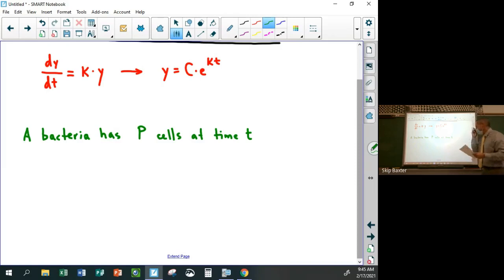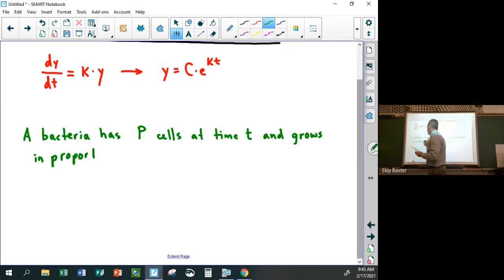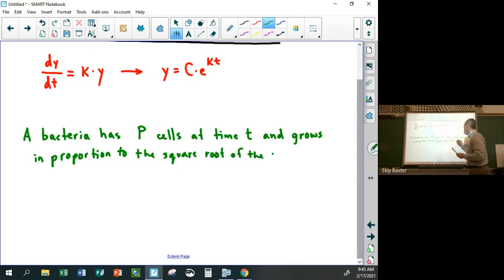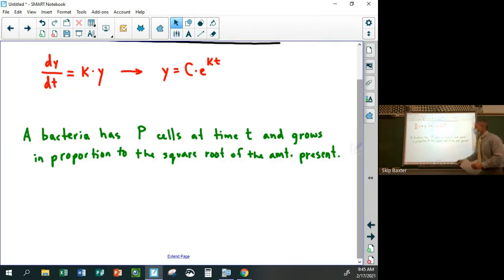So a bacteria has P cells at time t and grows in proportion to the square root of the amount present. We could translate this into a differential equation too. Hopefully it wouldn't be too challenging. What would the differential equation be?